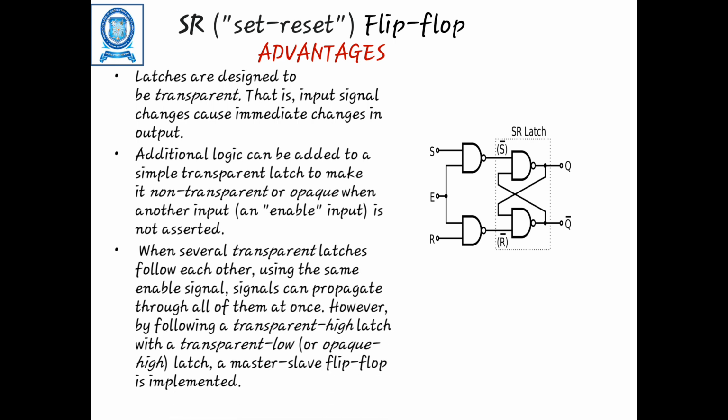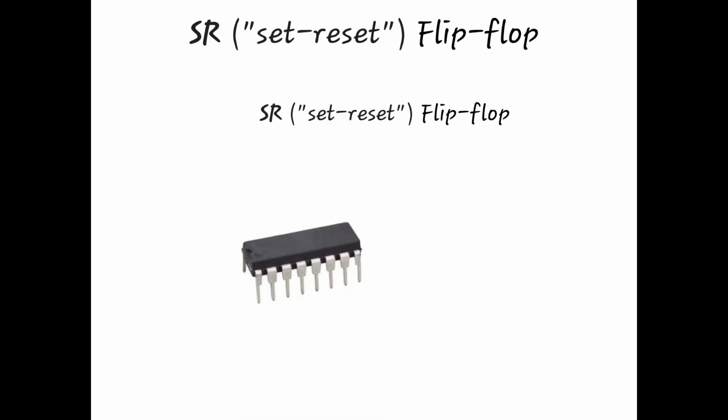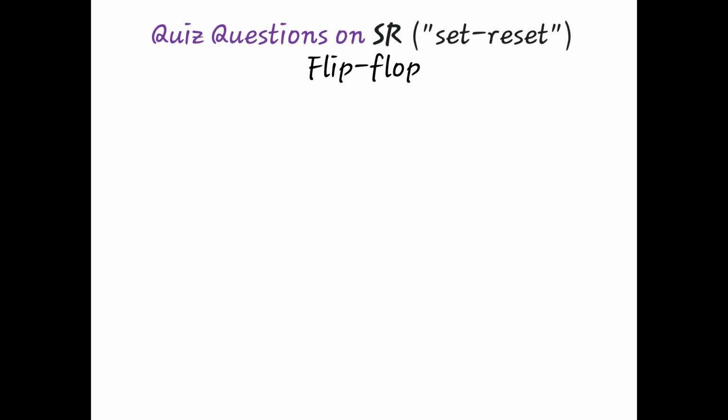There are some advantages of set reset flip-flop: it is very simple and easy, so the circuit can be designed basically. SR flip-flop is the basis of all the other flip-flops. Here all the conditions are based upon the flip-flop input states.